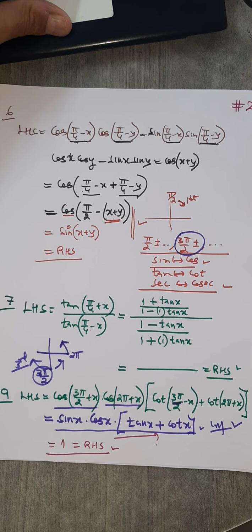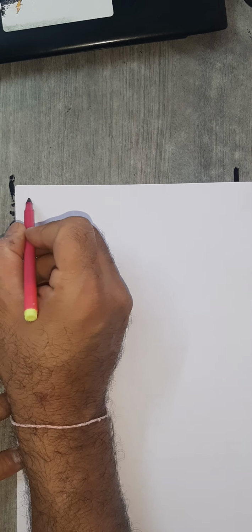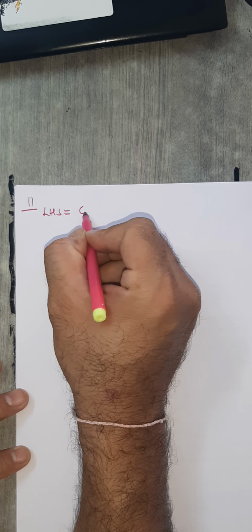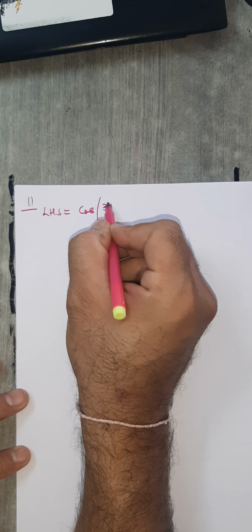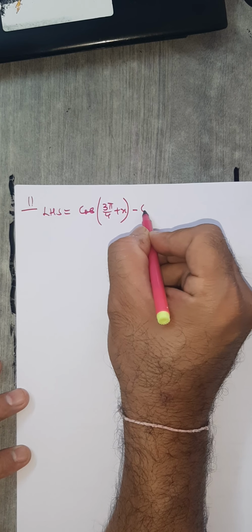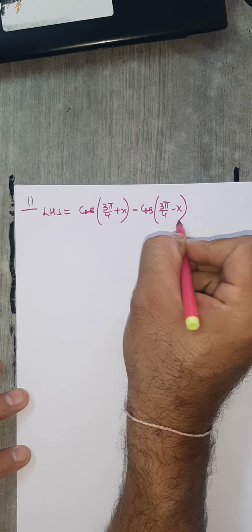Next, I'll go to question number, let's see, question number 11. The 11th question. Okay, so what is that 11th? Cosine(3 pi by 4 plus x) minus cosine(3 pi by 4 minus x).